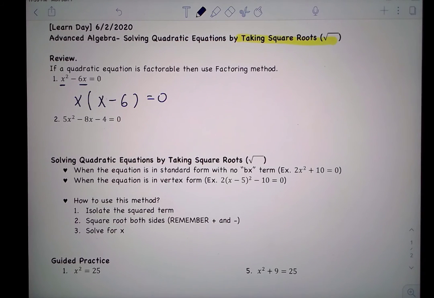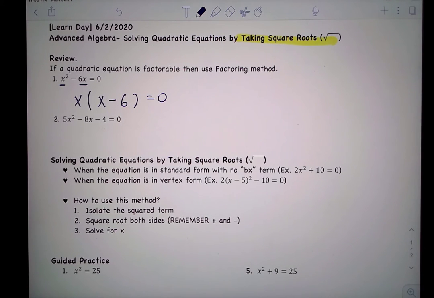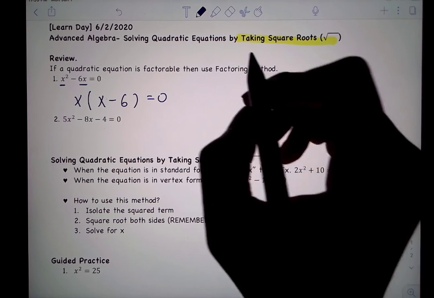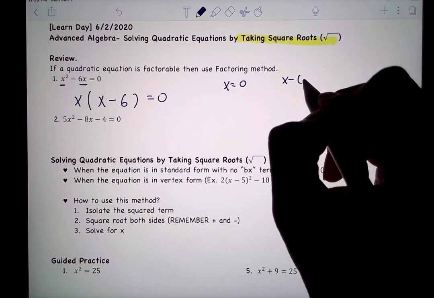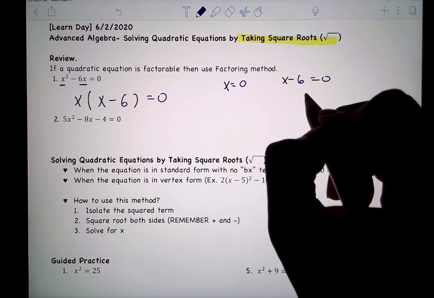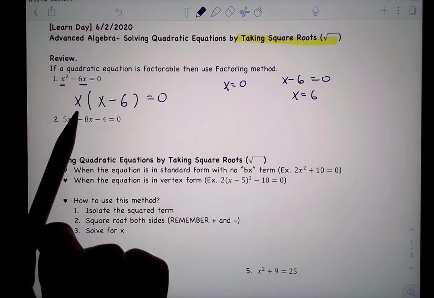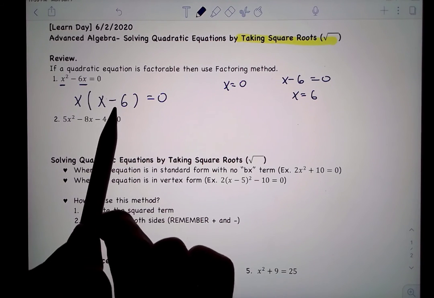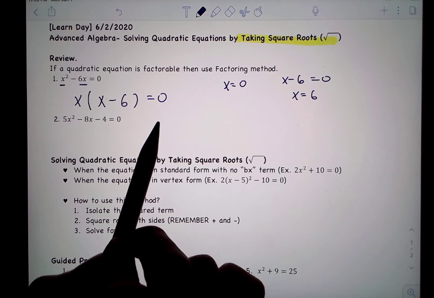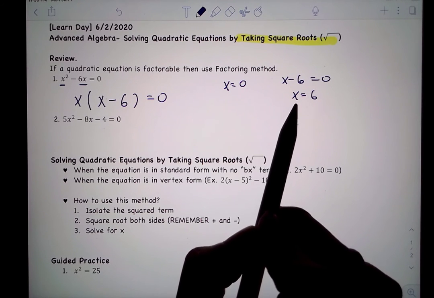By the zero product property, we set each factor equal to 0. So x equals 0 or x minus 6 equals 0. From here, you get x equals 6. Easily, if you get only an x term, then that's 0. And if you get x minus 6, then we can just change the sign, that's minus 6, so your x will be positive 6, right?